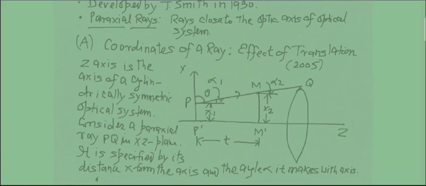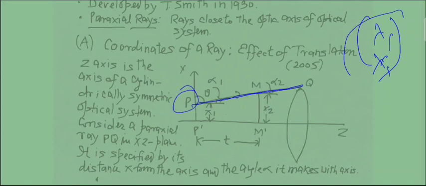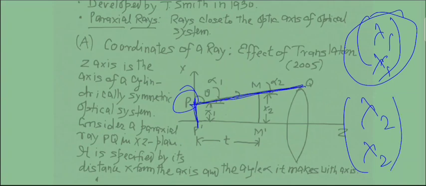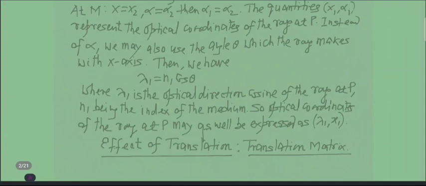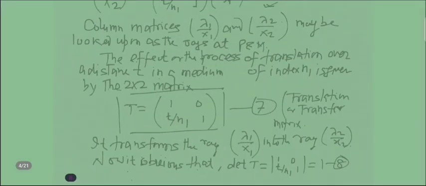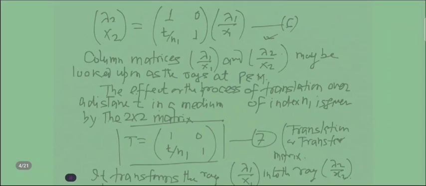This column matrix represents your ray PQ at point P, and lambda 2 x2 represents your ray PQ at point M. So these column matrices may be looked upon as the rays at P and M.